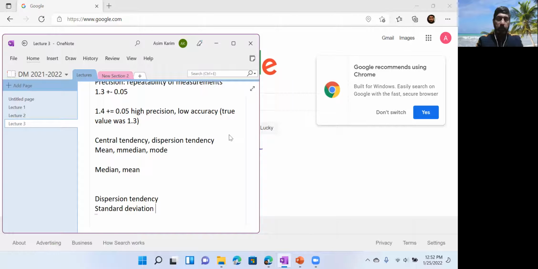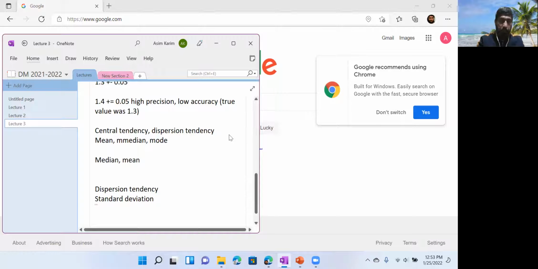The standard deviation would give you a measure of the dispersion tendency of the data set. All of you are familiar with the standard deviation. Standard deviation is computed as the weighted average of deviation from the mean of that attribute.